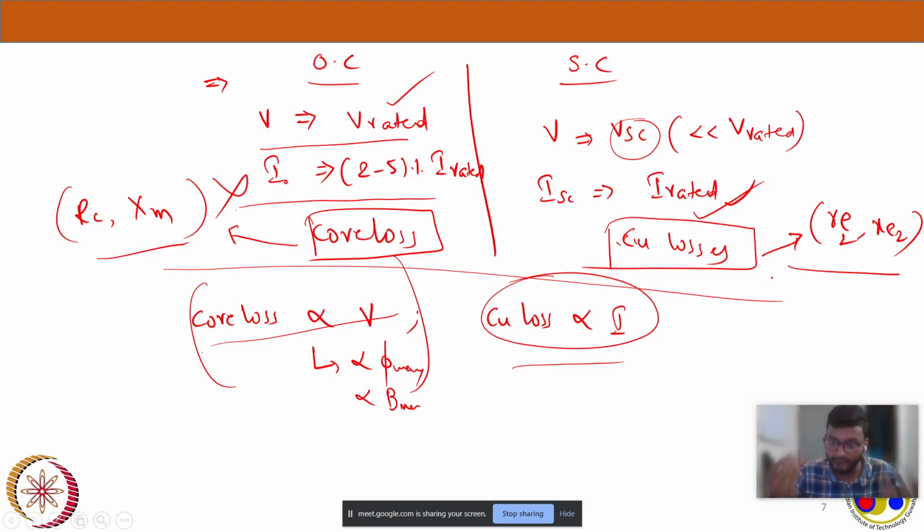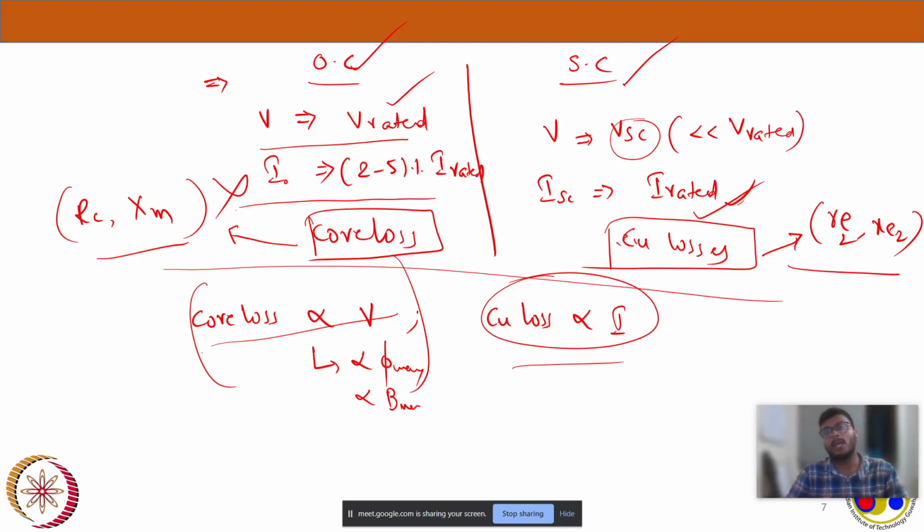And in order to find those parameters in a laboratory, what tests can we conduct? The open circuit test and the short circuit test, and which test will give us which parameters and what that parameter signifies. So now we have all the theory with us, and if you are given any short circuit or open circuit results, I am sure you will easily find the equivalent circuit parameters, right?